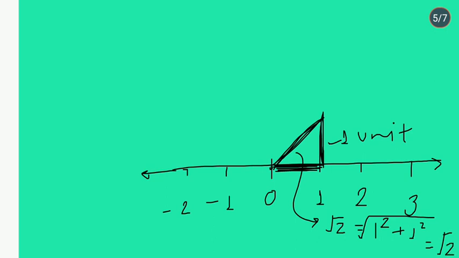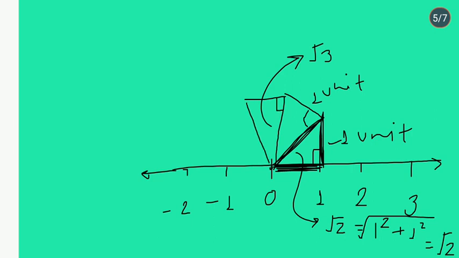Now we have found root 2, so we will again draw a 90 degree on this line. This one is 1 unit, so this will become root 3 unit. Similarly we will draw a perpendicular on this side. This is perpendicular, so this will become root 4.